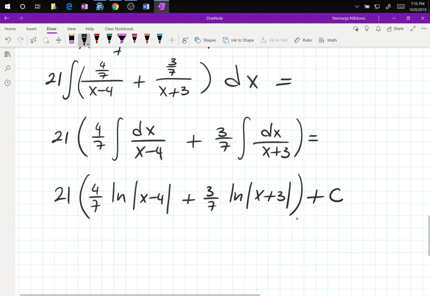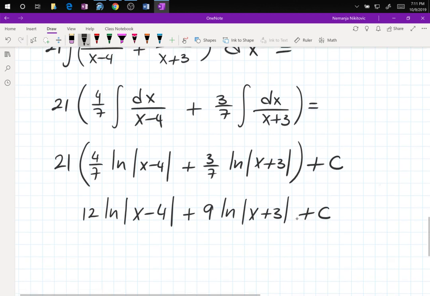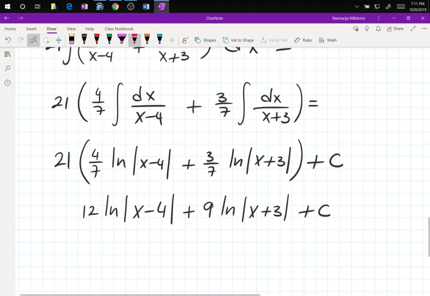So that's 3 times, so it's 12 ln x minus 4 plus 9 ln of x plus 3 plus C. When you cancel 21 with these 7s, that would leave you with a 3, so 3 times 4 is 12, and 3 times 3 is 9. Cool, huh?